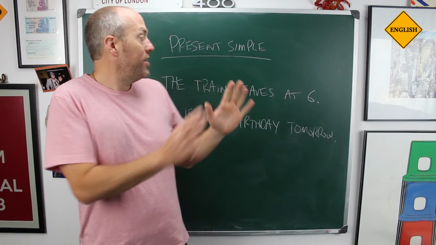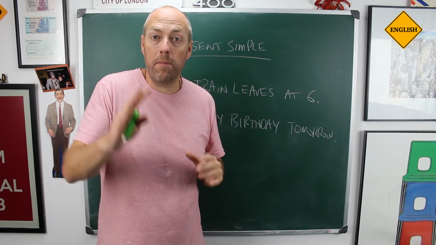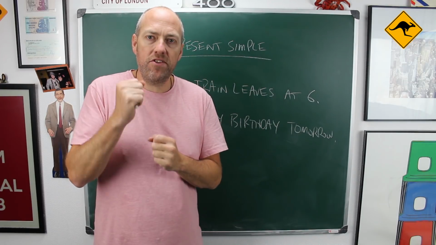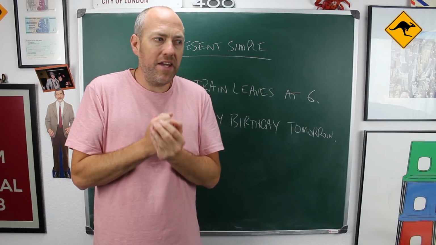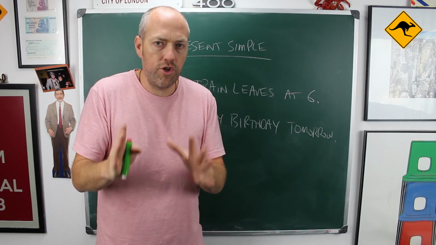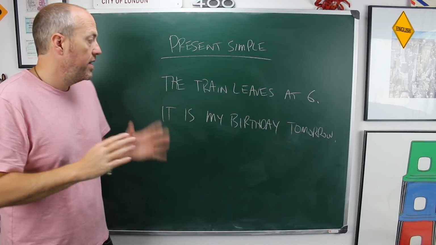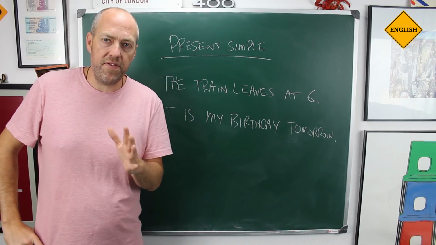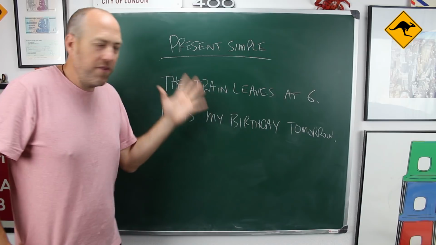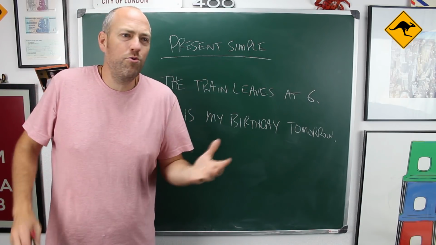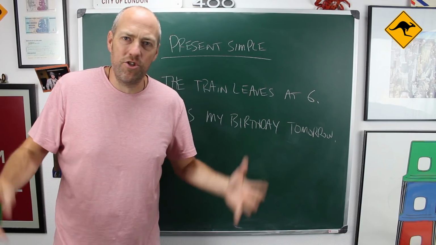And so when we use the present simple to talk about the future, we are making predictions based on fact, based on things that are true, things that are not likely to change. For example, the train leaves at 6 and it is my birthday tomorrow. Both of these are examples of things that are normally always true, that are very unlikely to change.